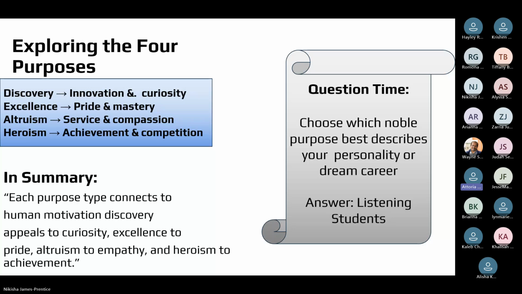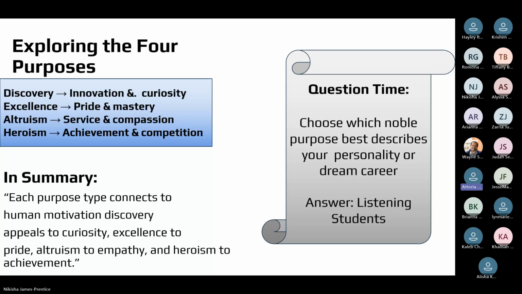Since excellence is about being the best and being proud of what you accomplish, it is related to pride and mastery. Compassion and service, that is, taking care of others and their needs, are linked to altruism. Heroism is also associated with competition and achievement, highlighting hard work, taking on obstacles, and succeeding.